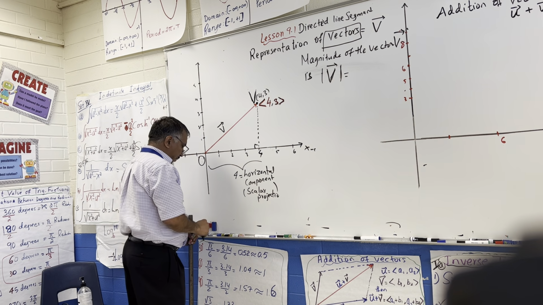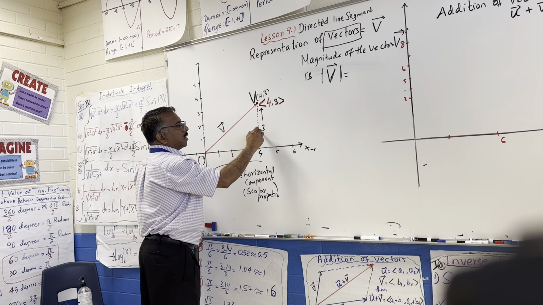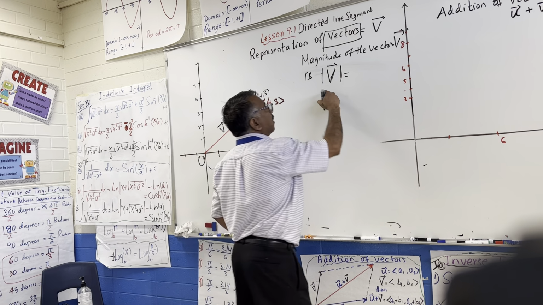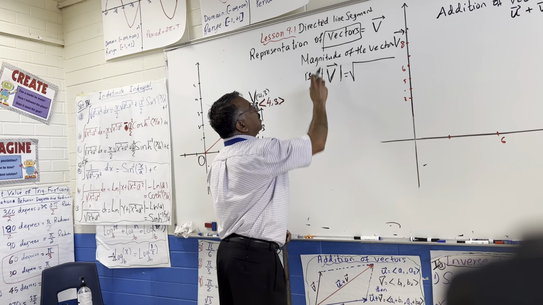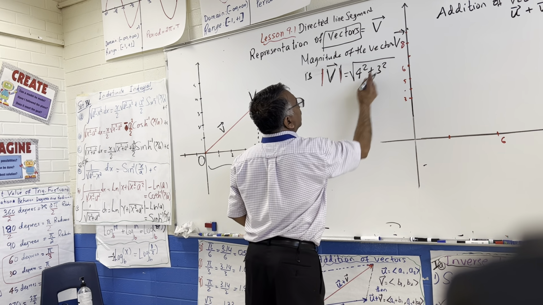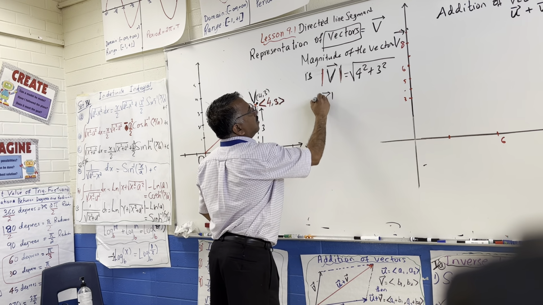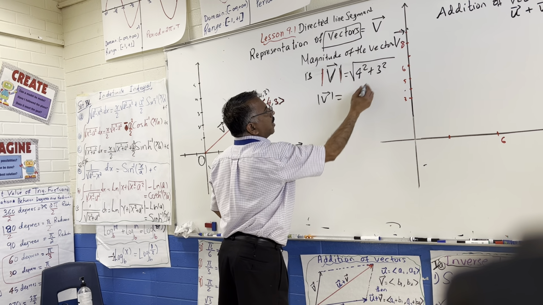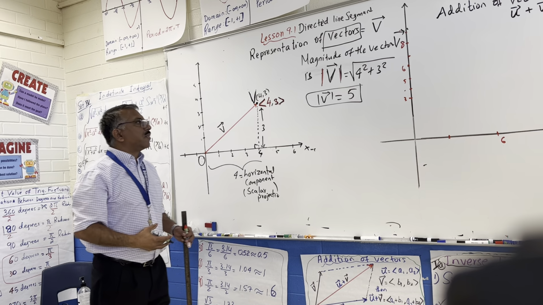The horizontal component is 4 and the vertical component is 3. All you do is square the 4 and the 3, and put a square root sign. That is the hypotenuse, the distance, the red color. So this distance is the square root of 4 squared plus 3 squared. That's all you do. The answer is 5, because 16 plus 9 is 25 and the square root of 25 is 5. So you're done. That's the magnitude of the vector.